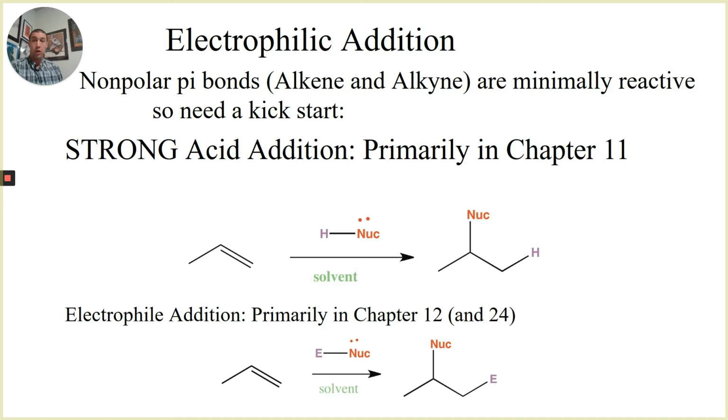Well, because it's a strong acid, the most reactive thing here is this H plus. And for all intents and purposes, whatever this nuke is as a negative is a secondary feature, which then means when we draw out our reaction, the acid picks up or reacts with the pi bond first, which would generate a carbocation as an intermediate.